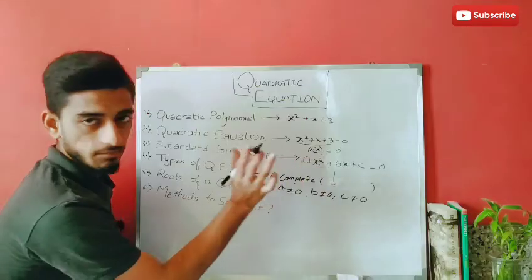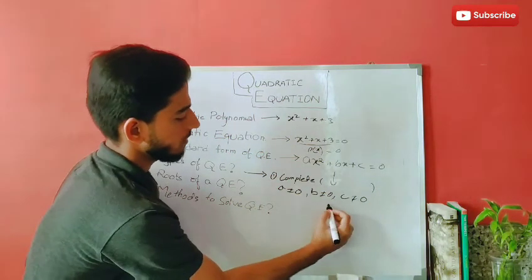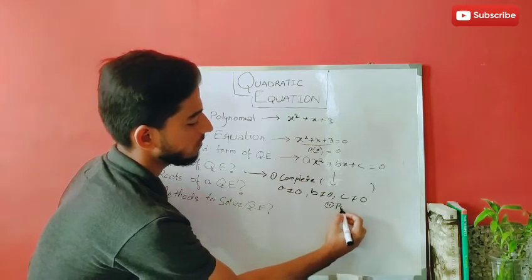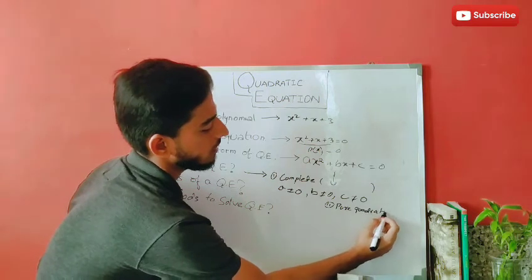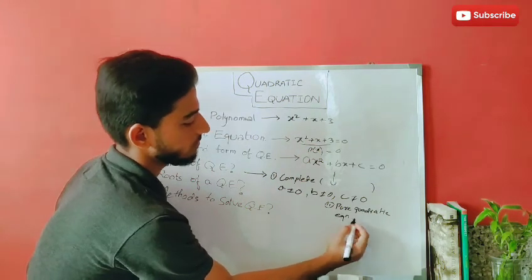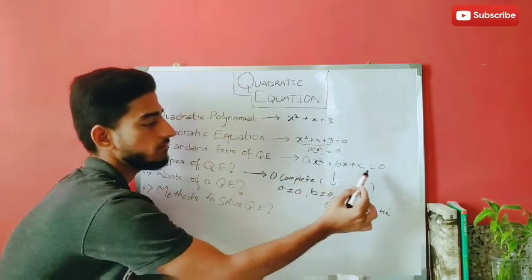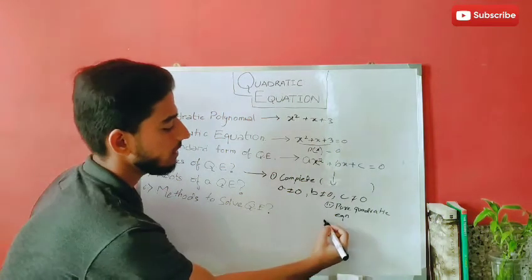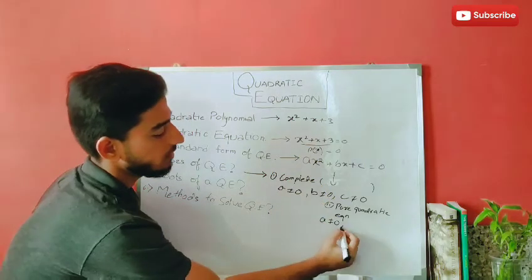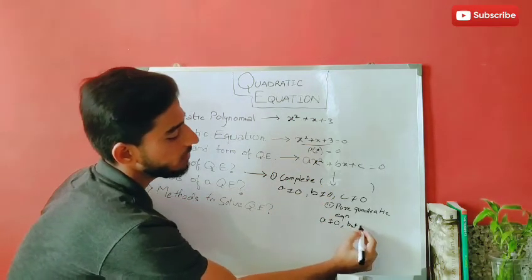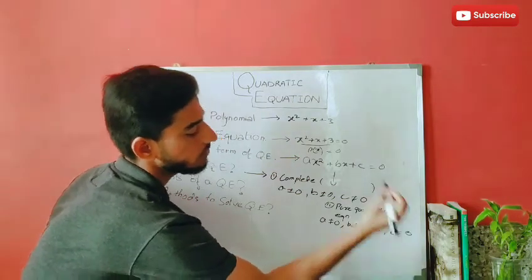Now come to the second type, that is pure quadratic. Take this example only, number 2, pure quadratic equation. For a pure quadratic equation, we take the same standard equation, but here a should not be equal to 0, while b should be equal to 0 and c should be equal to 0.